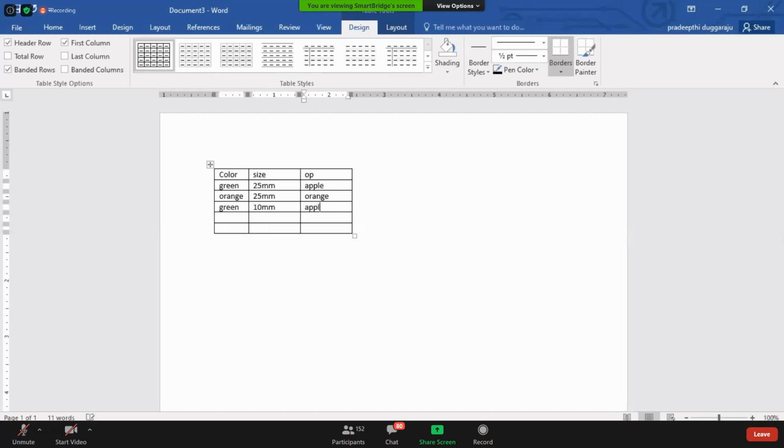This is apple. You have red, 25 mm. This is apple. You have green, 20 mm. This is apple.